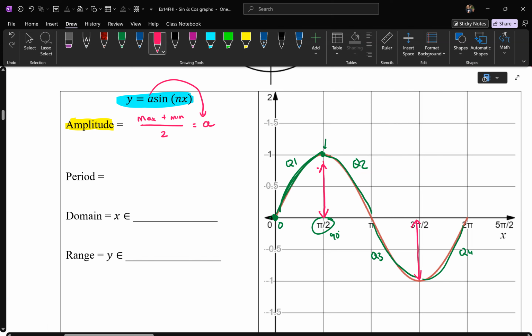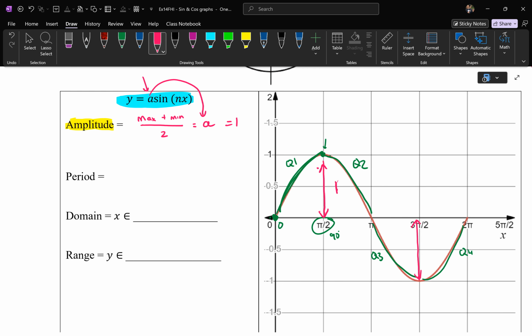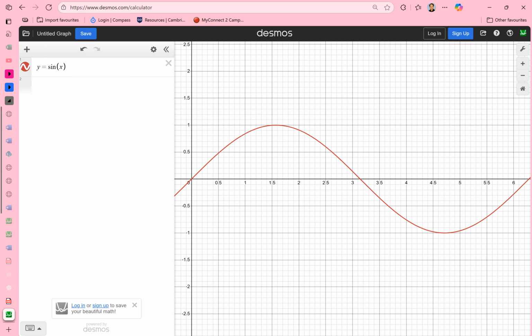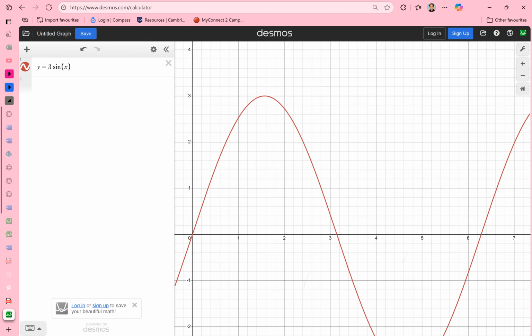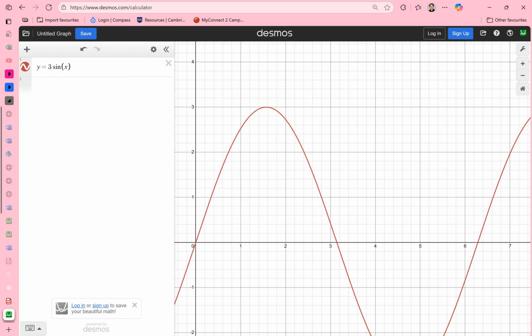Now the answer here is clearly a distance of 1. So we say amplitude is 1, but notice A is currently also 1. But as soon as I change that, I made it a 3. Notice that the shape gets stretched vertically. The intercepts are still the same, but notice the height now is at 3.